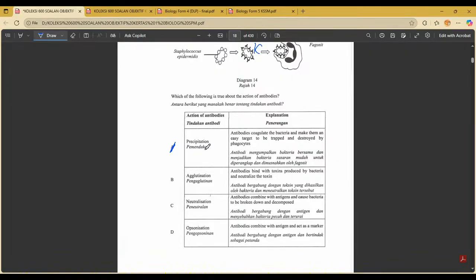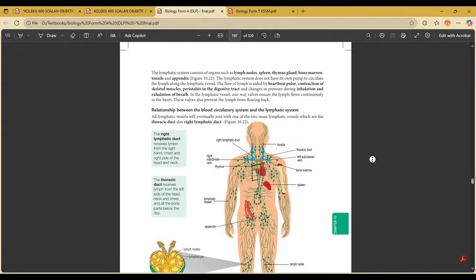I think it's opsonization maybe. It's opsonization. It acts as a marker for phagocytes. Maybe.